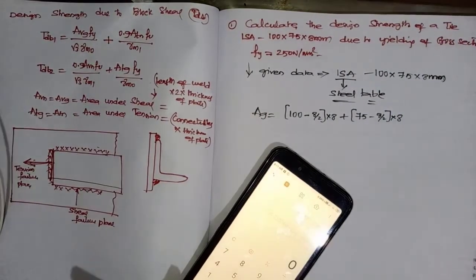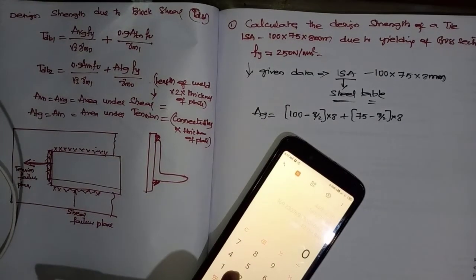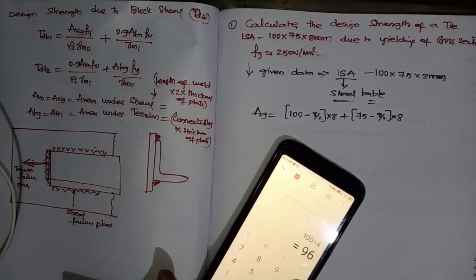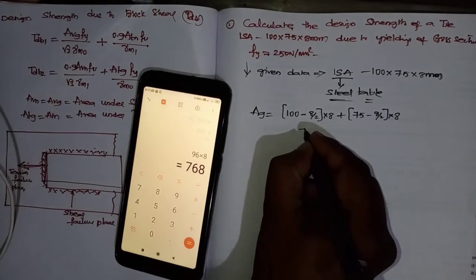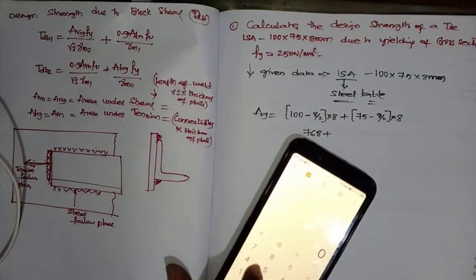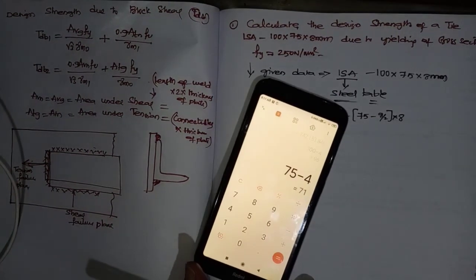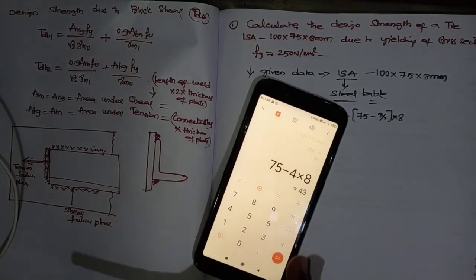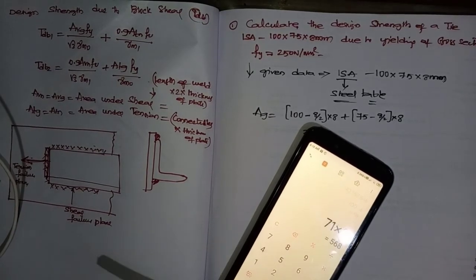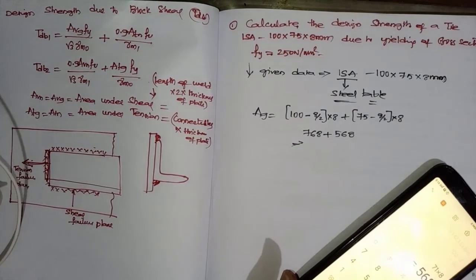How much are you getting? 100 minus 4 is 96, into 8 is 768, plus 75 minus 4 is 71, into 8 is 568.